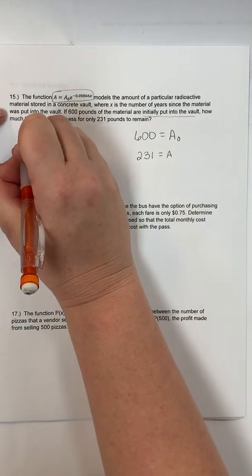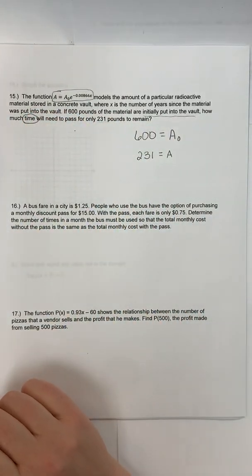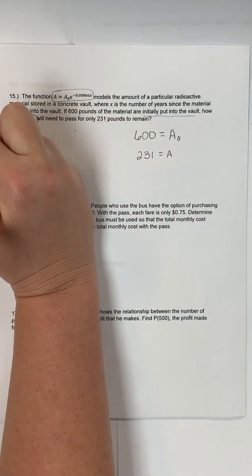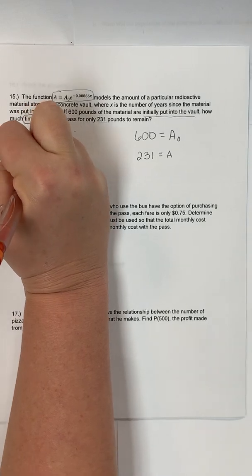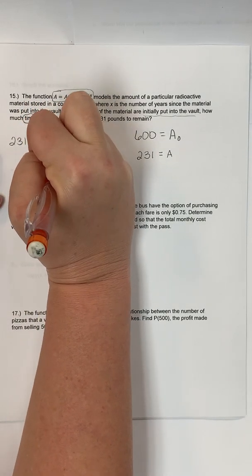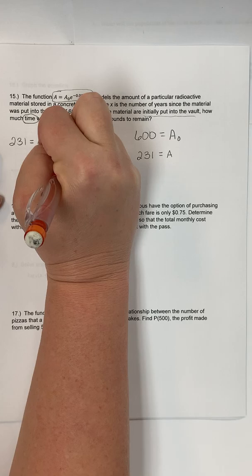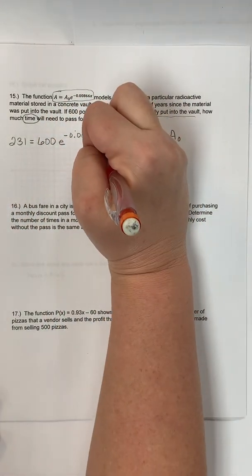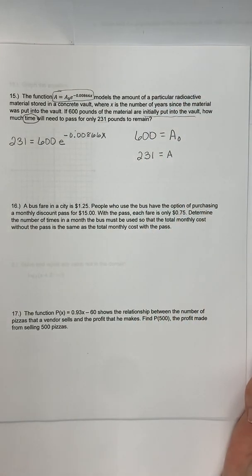You are solving for T in this case. So here we go. We're going to have 231 equals 600 times e to the negative 0.00866x.